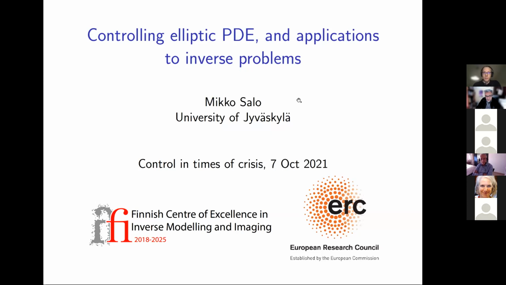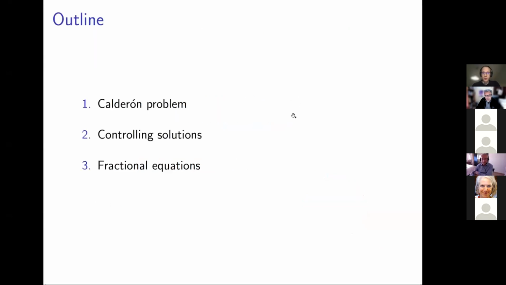Right, so I'm talking about controlling elliptic PDE and application to inverse problems. There will be 3 parts in the talk. First I will talk about a certain motivating example of an inverse problem for elliptic PDE, namely the Calderon problem, which is one of the most famous problems of this type.